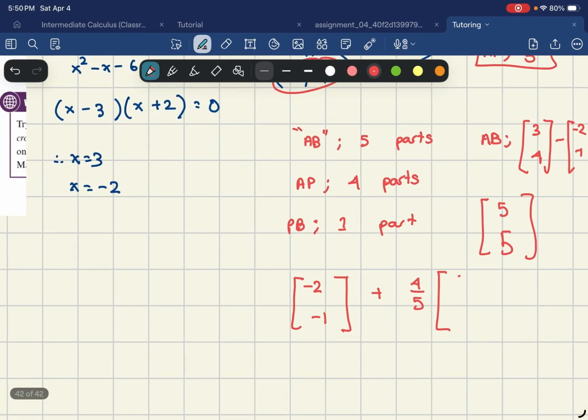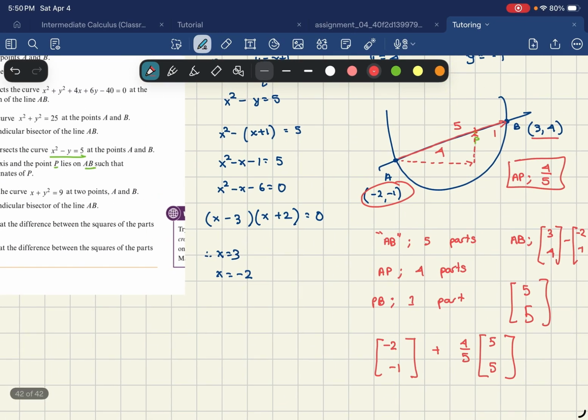So 4/5 times 5, 5. And basically this is the idea. If you have 2 points, let's call them x1, y1 and x2, y2, then the vector AB is given by x2 minus x1, y2 minus y1. So we know the vector.